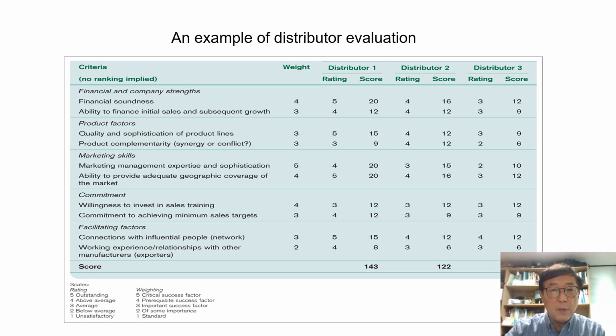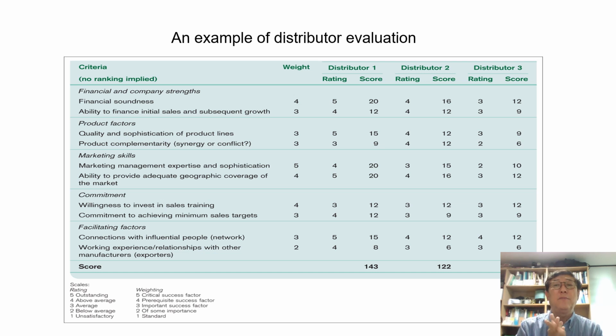You have scores 5, 4, 3, 4, 5, 3, and then multiply by the weights. Distributor 1 gets 143 points, distributor 2 gets 122, distributor 3 gets 97. So in that case, you have to choose distributor 1 because of the score.